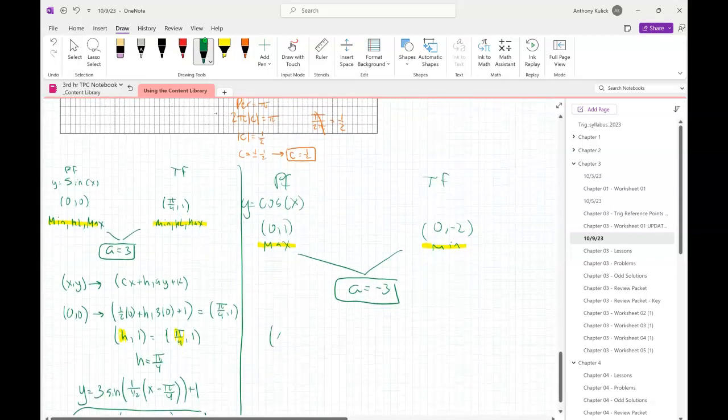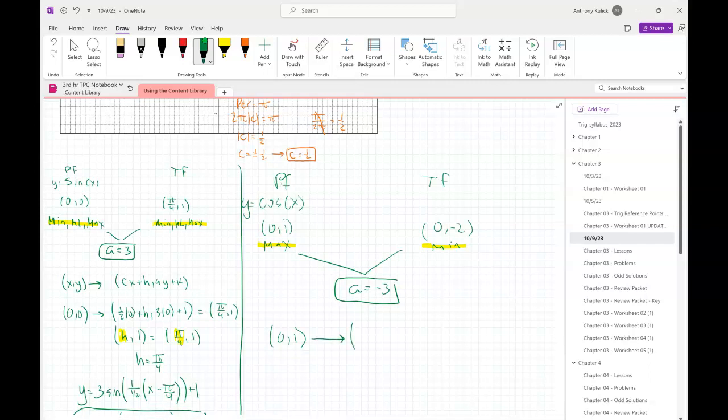And then we'll do the same mapping. So we have 1/2 times 0 plus H, -3 times 1 plus 1 has to give us (0, -2). That's right.